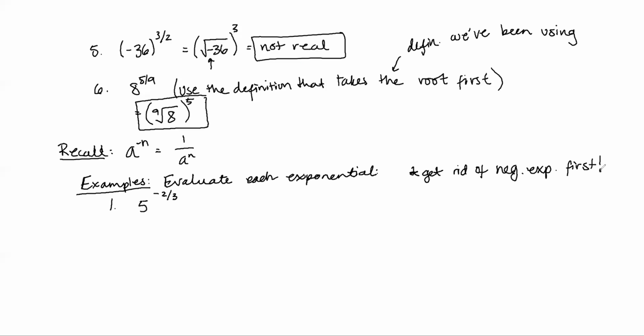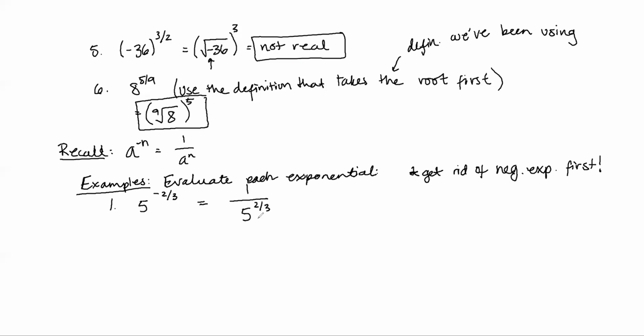Before you put it into radical form, you have to get rid of the negative exponent. So in order to do that, we're going to move this whole term to the bottom of its own fraction and make the exponent positive. You're not going to flip your fraction in the exponent. You don't touch this term besides changing the sign of the exponent. So this becomes 1 over 5 to the positive 2/3. That's all we did, move it down and make the exponent positive.